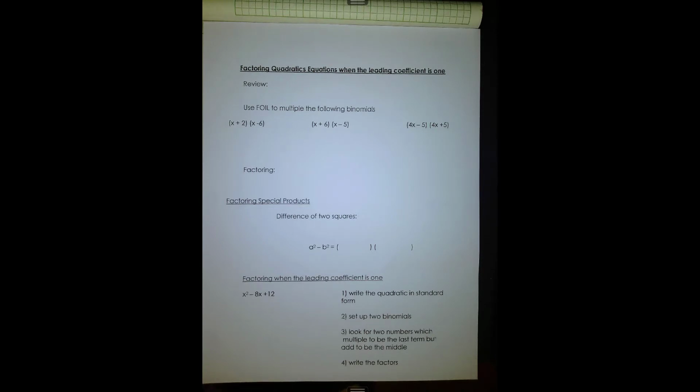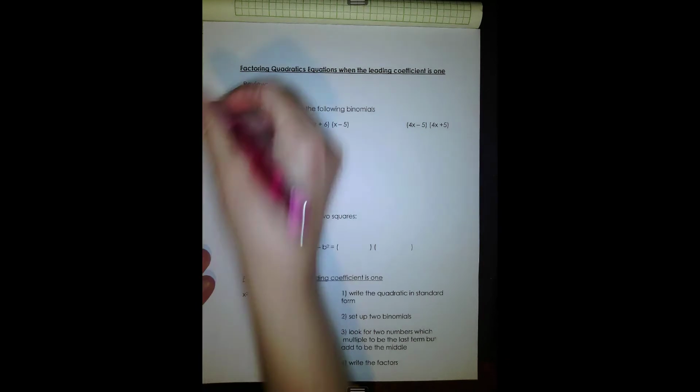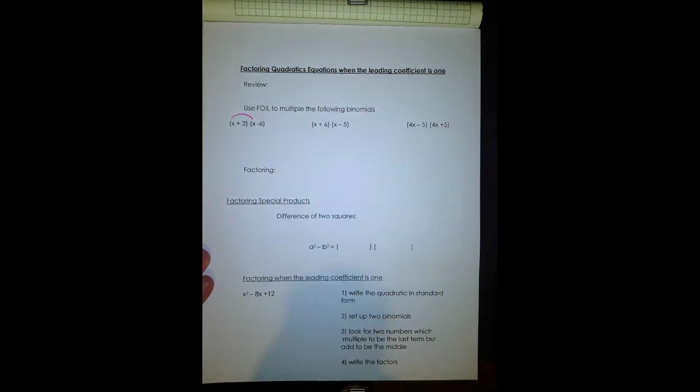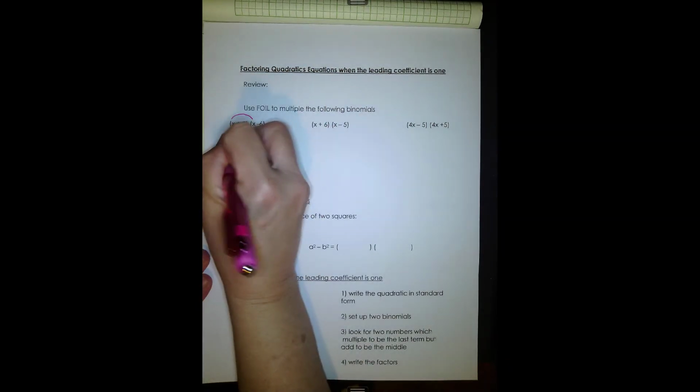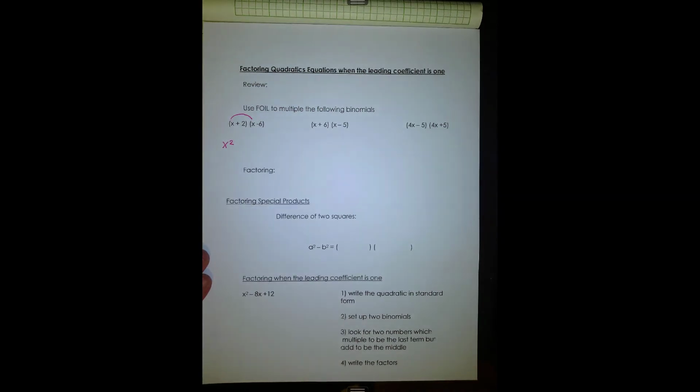If we recall, right before spring break, we had talked about multiplying monomials, binomials, and trinomials. Especially when we were multiplying binomials together, we had our double distribute, or we had a little acronym for that double distribute, which was called FOIL. First times first, so x times x would give us x squared.